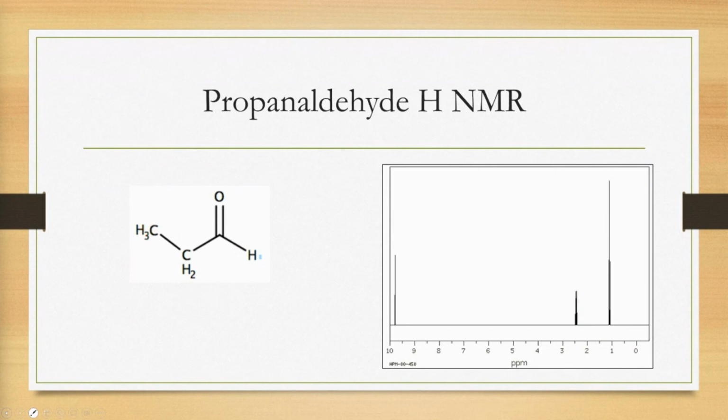Okay, so first we have a CH3 right here. We have 3 hydrogens that have 2 neighboring hydrogens. So we would expect to see a triplet peak. On the next carbon, we have a CH2 that is split only by the hydrogens on this neighboring carbon.